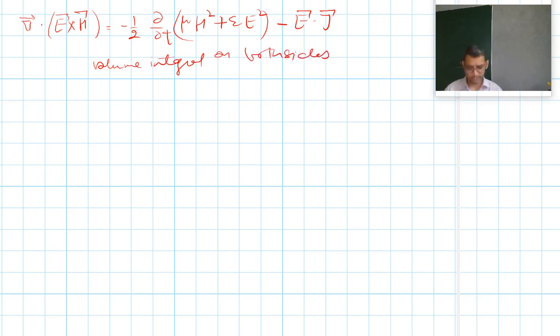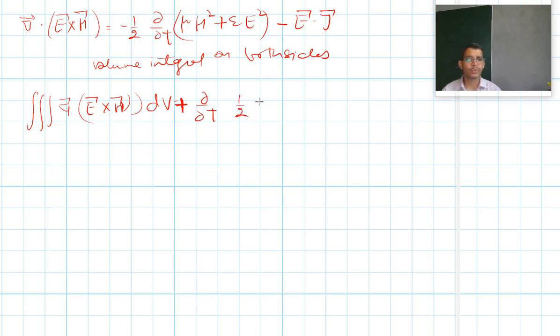So del dot E cross H, and E cross H we have defined as S vector, and curly over curly t, and 1 by 2 can be taken outside.